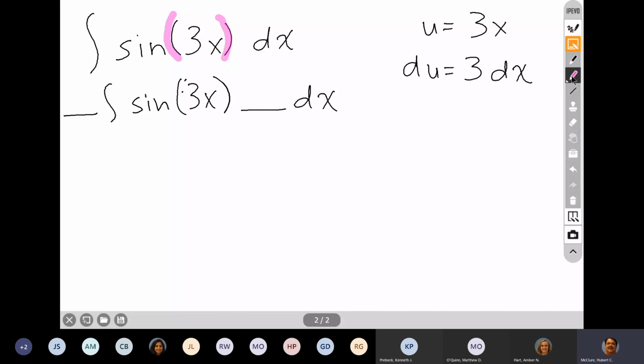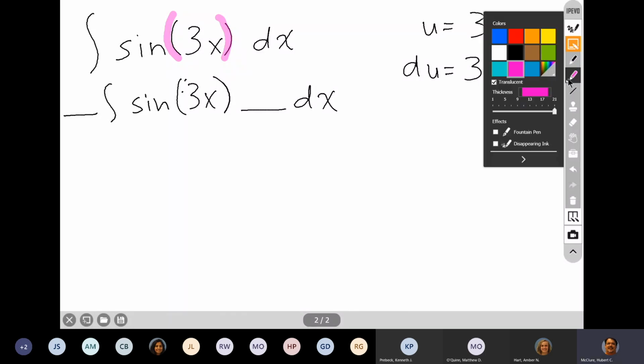So we're going to need something. Let me turn my translucent off and bring it down. So we're going to need a 3 here and a what? 1/3. And finish it out. I think y'all can finish it out because y'all have a cheat sheet that tells you what the antiderivative of the sine is.